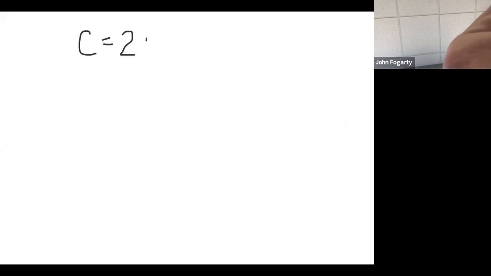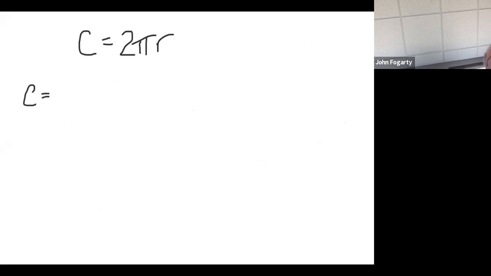You can use the formula to find either the radius or the diameter if I give you the circumference. So what if I said to you like this? The circumference of a circle is 36 meters. What's the radius?